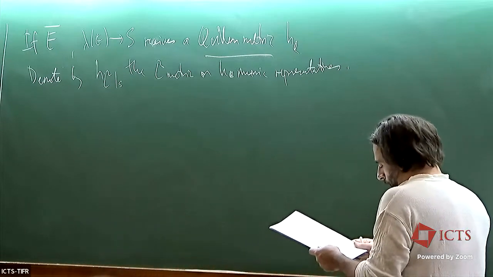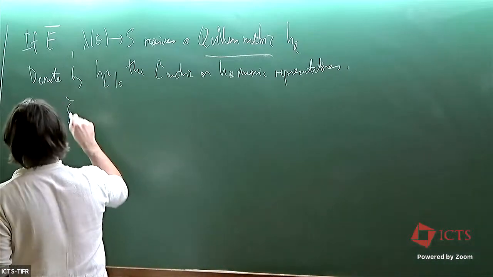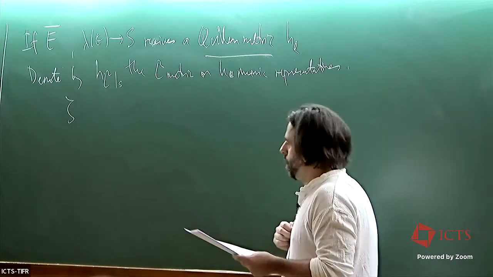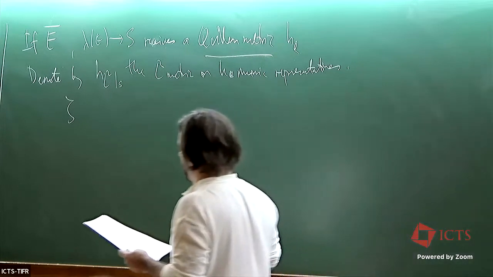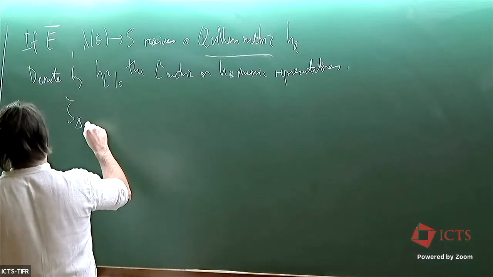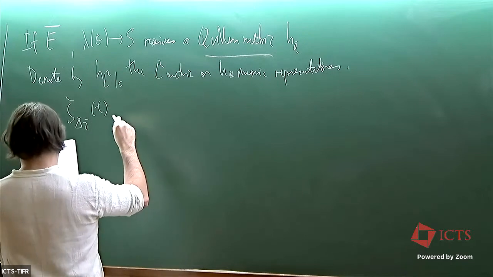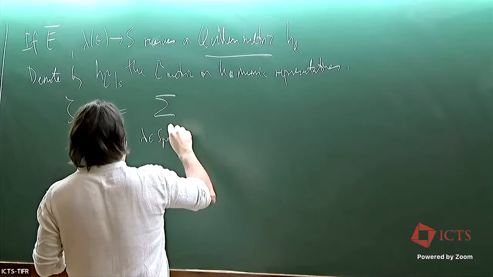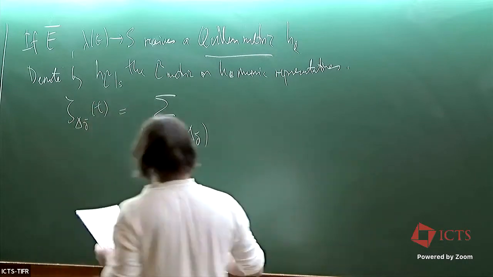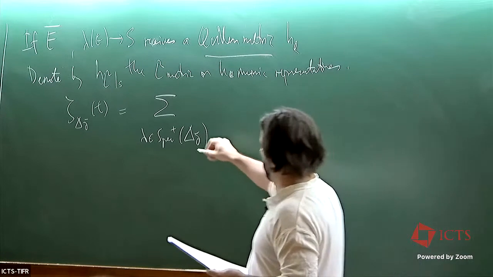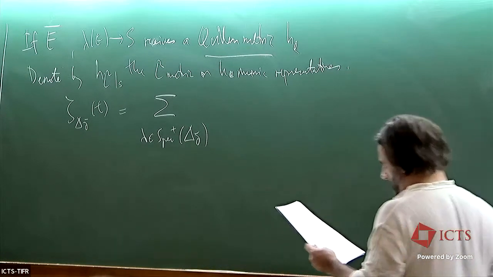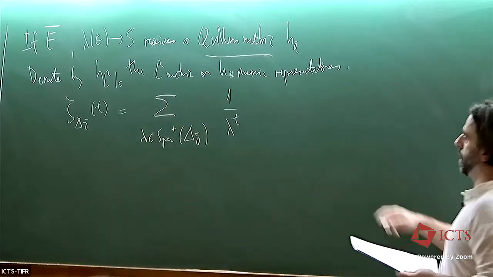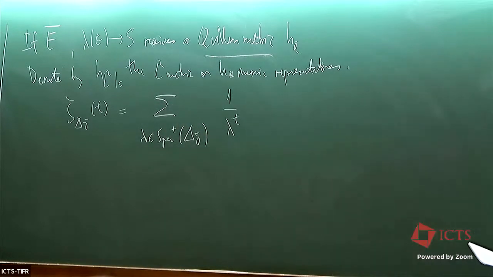Now I'm going to define the zeta function of the Dolbeault Laplacian. So this is a formula like this. I look at the positive spectrum of this operator, the Dolbeault Laplacian, and I define the sum over the eigenvalues to some power t, where t here is a complex number.